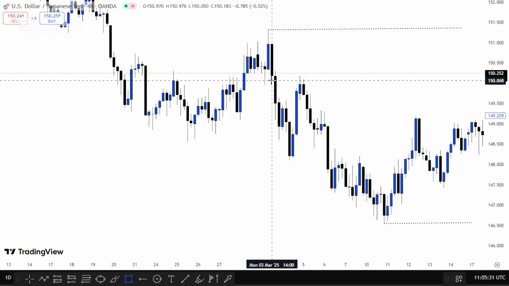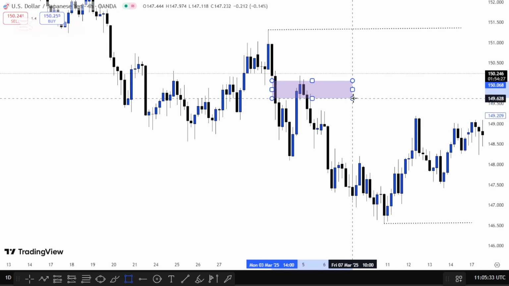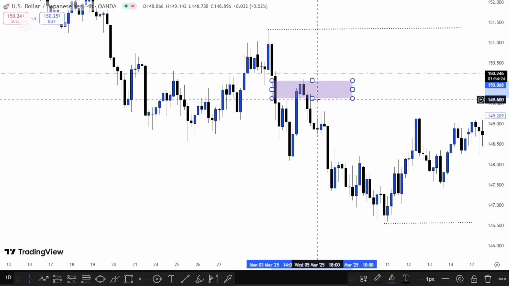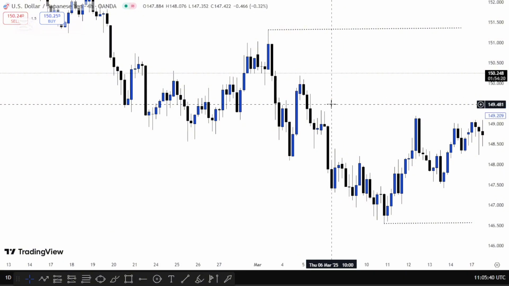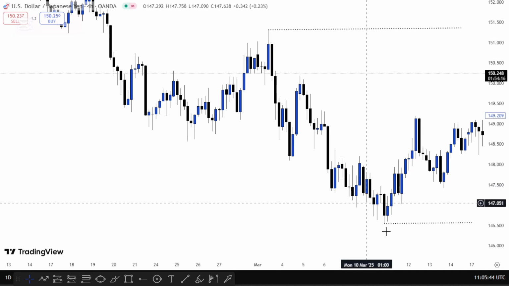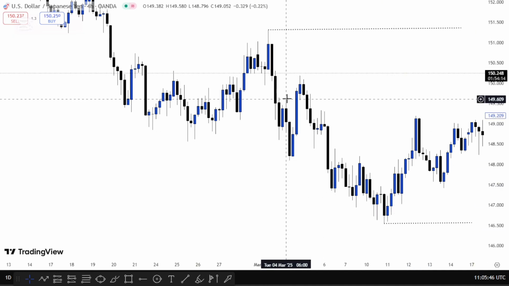The market went ahead and tapped into that fair value gap and started dropping. But in this particular video we are not going to be using fair value gaps. So we have our external liquidity, and we have our internal liquidity, which is the structural liquidity, which we use for entries.